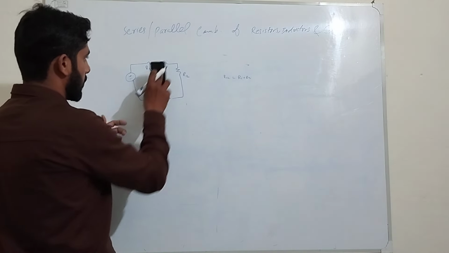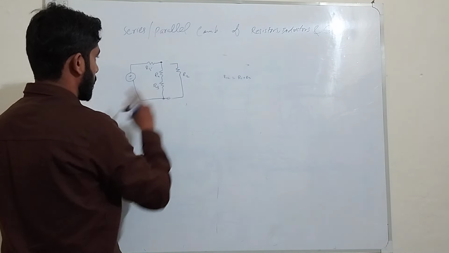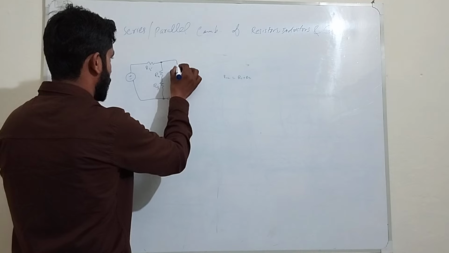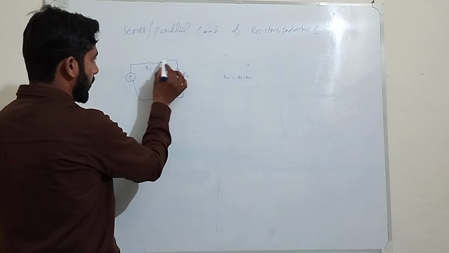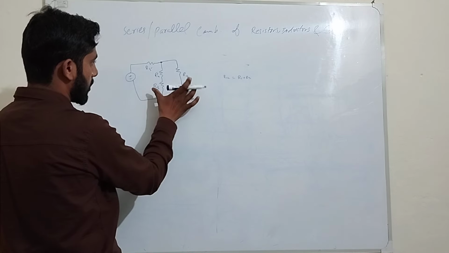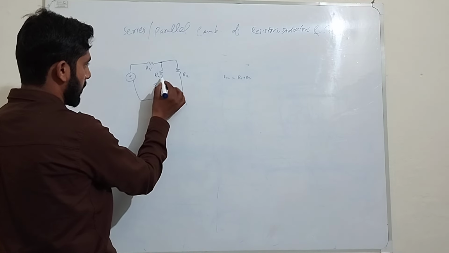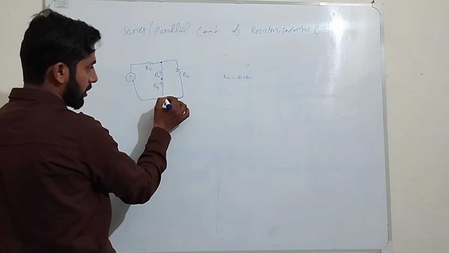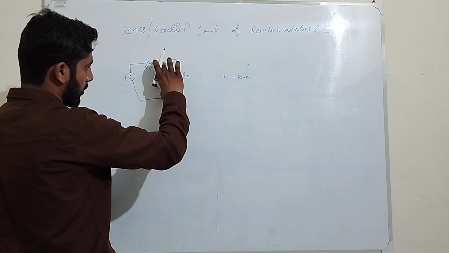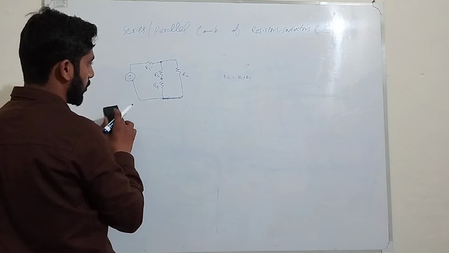So see here, you can just reshape it. Both resistors have one combined point and another combined point. This means their series combination, because these have one common point and two distinct points. Their whole will be in parallel with R12.